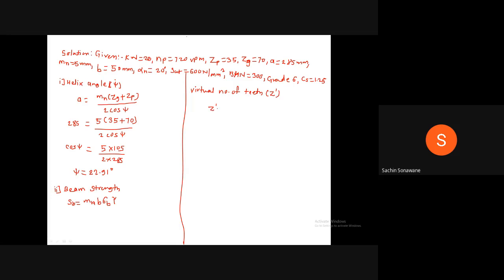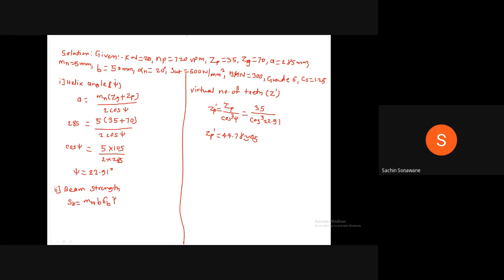Therefore, ZP dash is equal to ZP upon cos cube of psi, which is equal to 35 upon cos cube of 22.91. Therefore, ZP dash is equal to, how much? 44.78. 44.78 means 45.